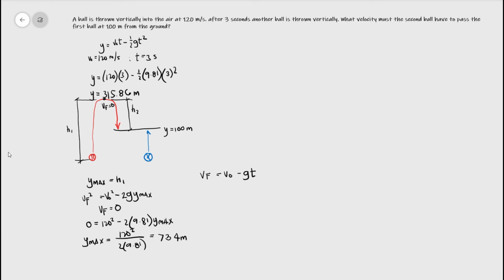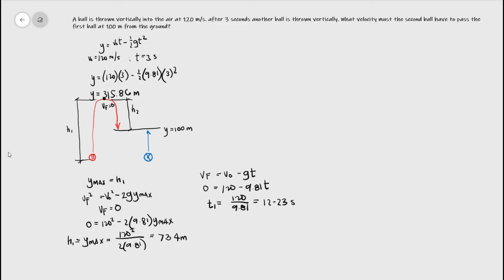Again, at the maximum height the final velocity is equal to 0, therefore 0 is equal to the initial velocity 120 minus 9.81 times t. Solving for t, it is equal to 120 all over 9.81, or the time when the ball reaches its maximum height is equal to 12.23 seconds. If this one is h sub 1, this one will be t sub 1.